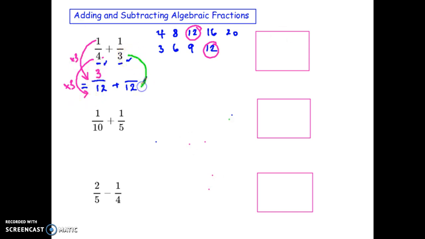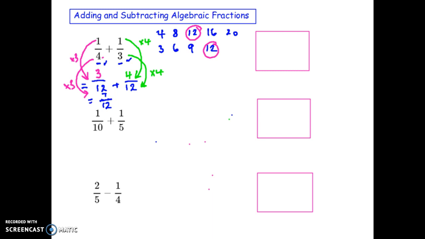To get to the 12 from my 3, I multiplied it by 4. If I do it to the bottom, I also have to do it to the top, so I get a 4 here. Now I've got 3 twelfths plus 4 twelfths. Altogether I have 7 twelfths, because 3 plus 4 is 7.